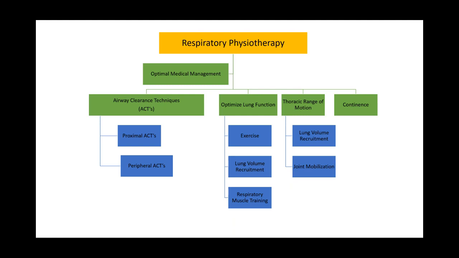And I think increasingly important is to recognise the issue within respiratory physiotherapy for patients with regards to continence problems. But today we're going to be talking about airway clearance techniques.